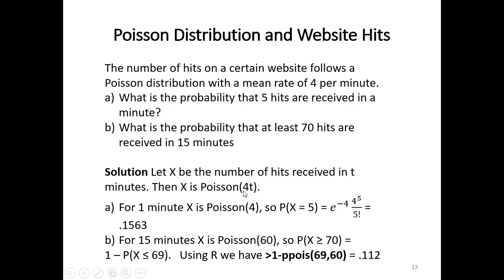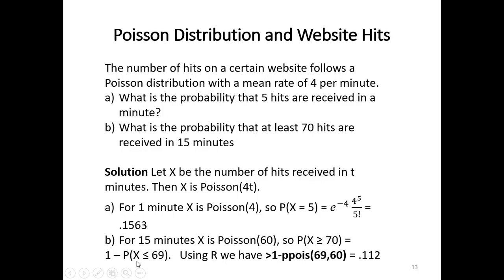We know lambda is always 4 times t, so 4 times 15 is 60. We want the probability X is greater than or equal to 70. So we'll use the rule of the complement: 1 minus the probability X is less than or equal to 69.